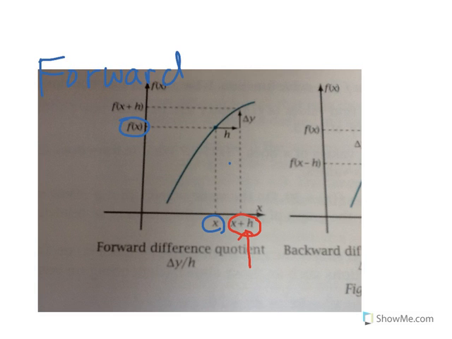This h, by the way, we're going to call the tolerance for this particular difference quotient. And we can make h large, we can make it small. Generally, it could be a small decimal value like 0.01 or 0.1. Notice that x plus h also corresponds to f of x plus h that we would get simply by plugging the value into the function itself.